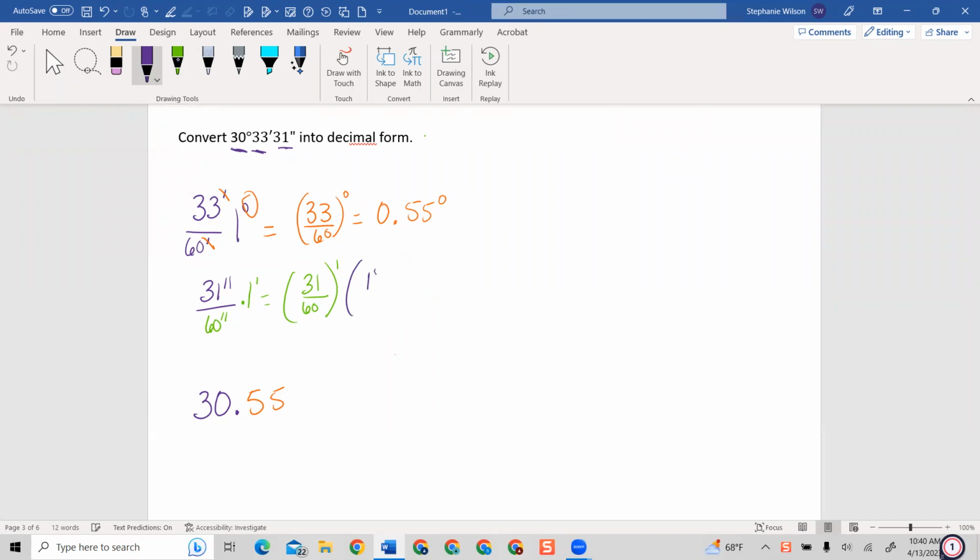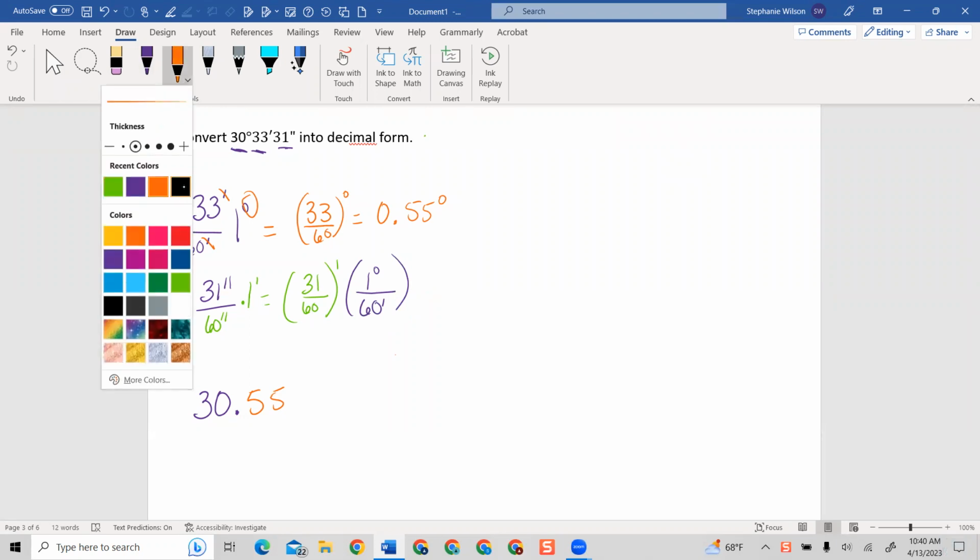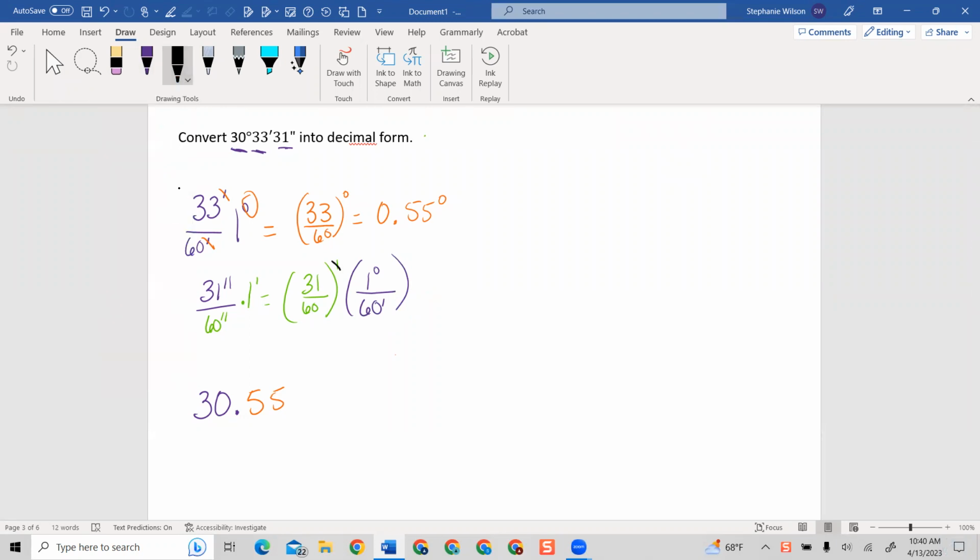So I know for every 1 degree, it's 60 minutes. When I notate it this way, now that I see that, I know this minute and that minute notation goes away because it reduces down, leaves me with 31 times 1 degrees. Actually, the whole thing's times 1 degree, all over 60 times 60.